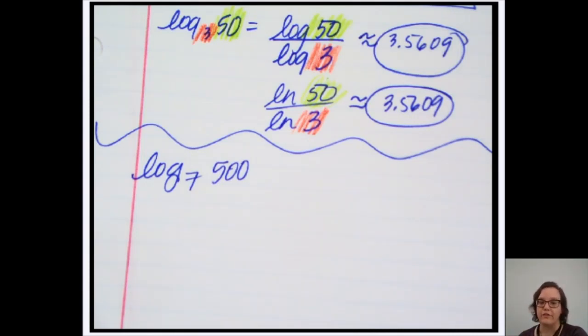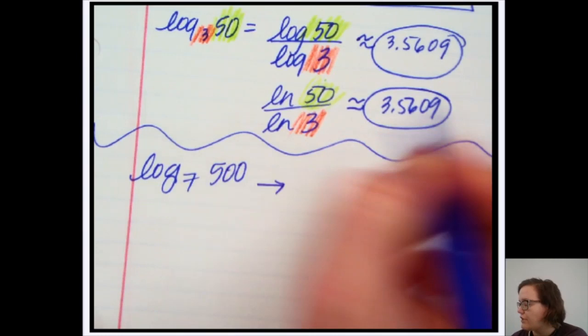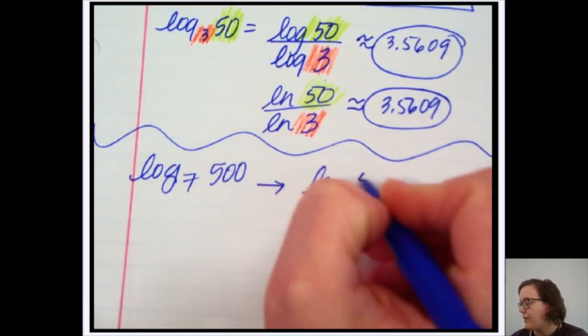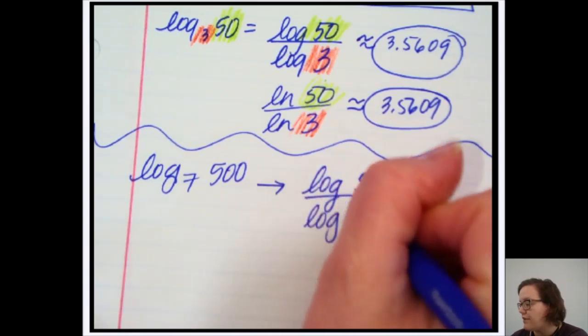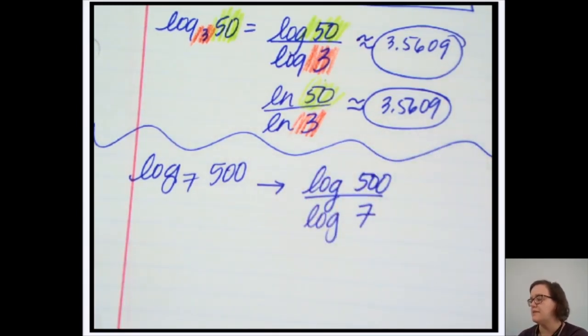So we know our answer's got to be 3 point something, and probably closer to the 3 end than the 4 end, just because of how far away from 2,400 it is. But let's go ahead and use our change of base formula. So we get log of 500 over log of 7, because remember the base goes in the basement.